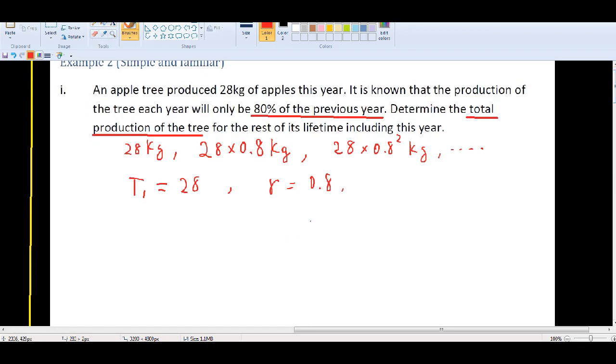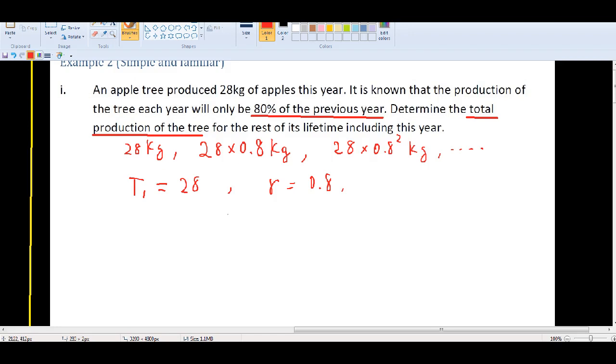Because every time it will be 0.8 times the previous one, the apple tree will get fewer and fewer apples, but theoretically it will always grow some apples in terms of its mass, because a number you multiply by 0.8 will always be some positive constant unless you allow the power to go to infinity.